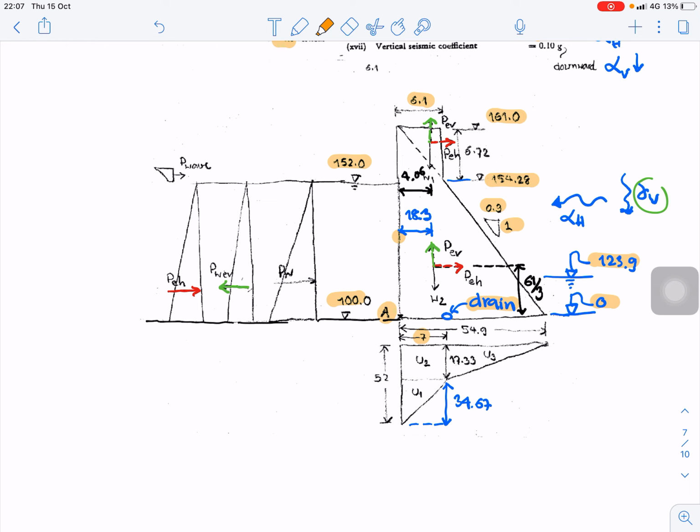And from this point, it should be 58.76, the location of PEH.